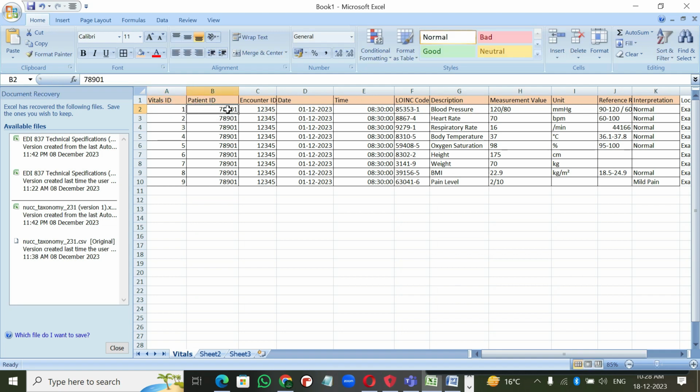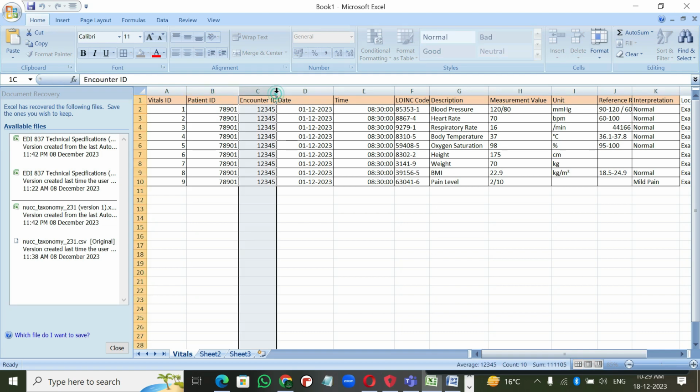Now this record belongs to which patient, and hence it is linked by the patient ID. So 7890 is nothing but a unique ID for one patient, and all that patient's information can be linked back to the patient table using this ID.